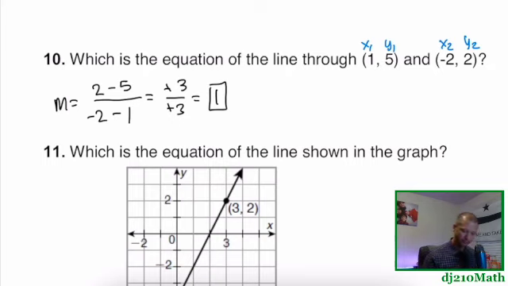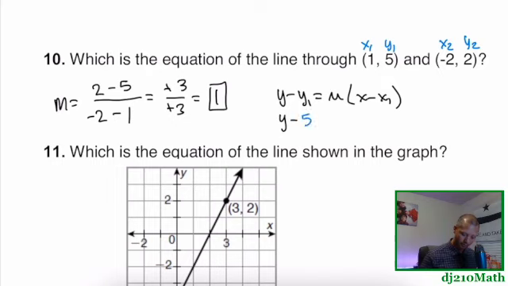Now I'm going to use point slope form because I have a point and I have a slope. So technically y minus y1 equals m times x minus x1. And we just fill in the pieces that we know. Y minus y1. Doesn't matter whether we use y1 or y2, but I'm just going to stick with y1.